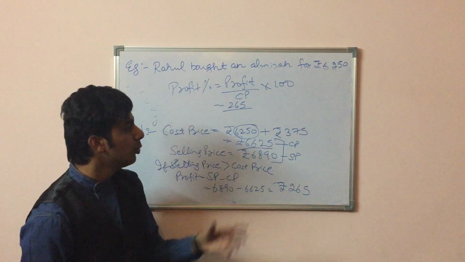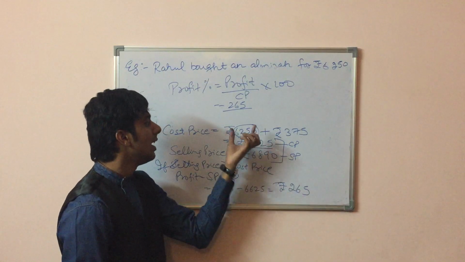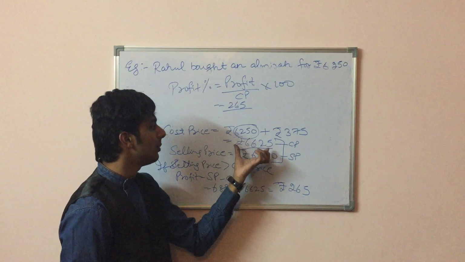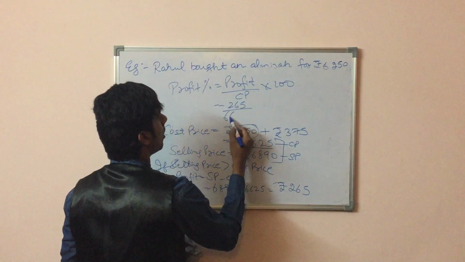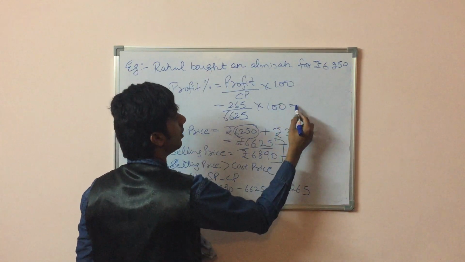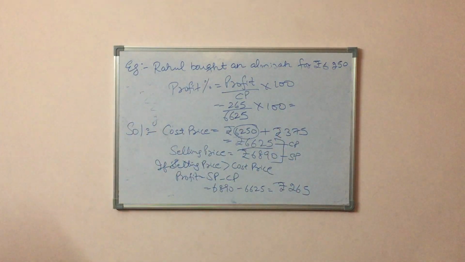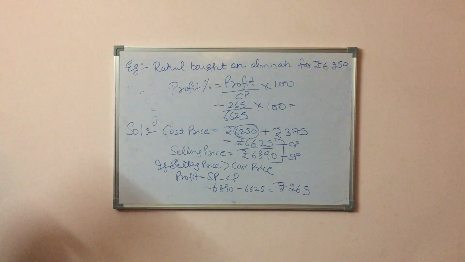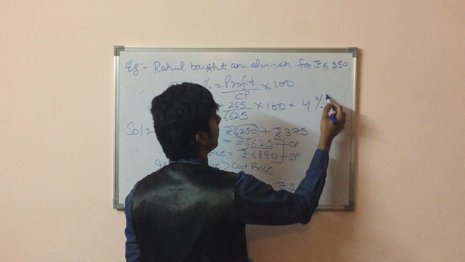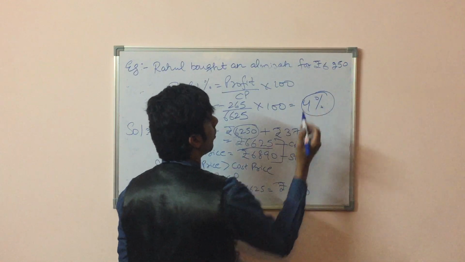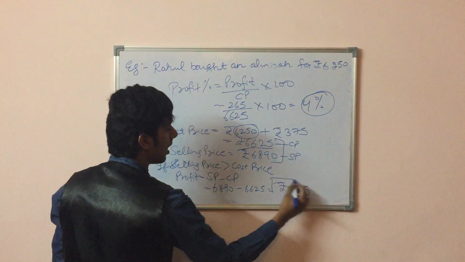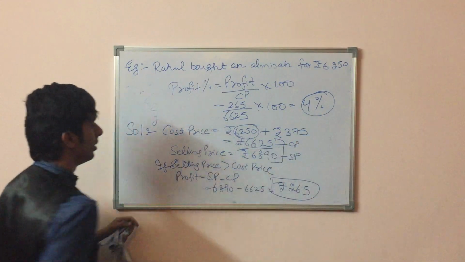I always told you that the cost price is the buying price plus any overhead charges. So the price will be 6625 into 100. So it will come out to be 4%, right? So 4%. This is our profit percent.